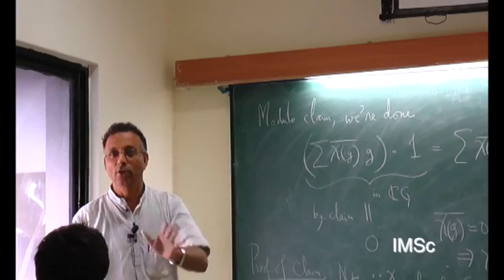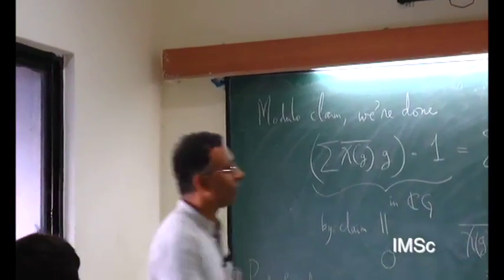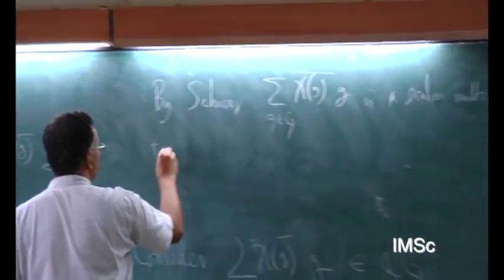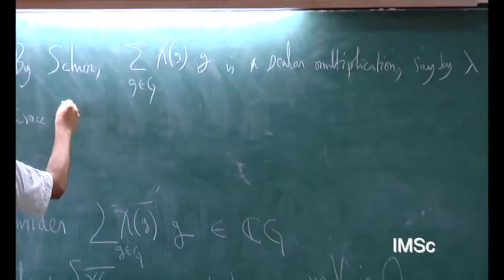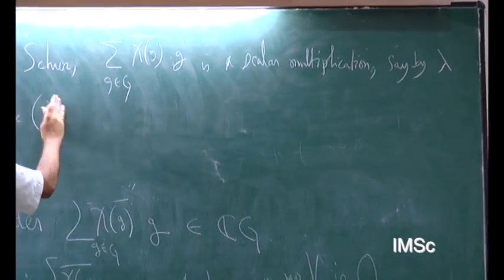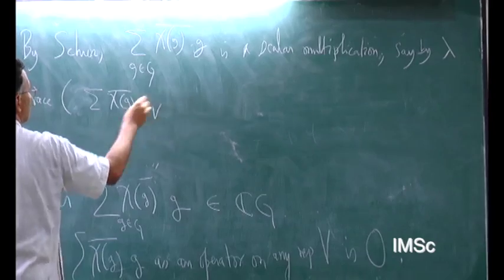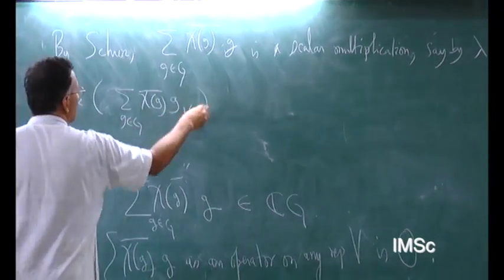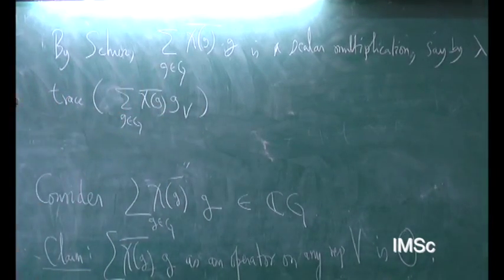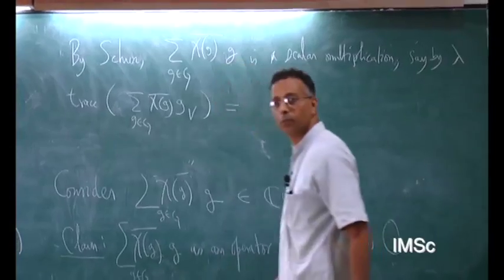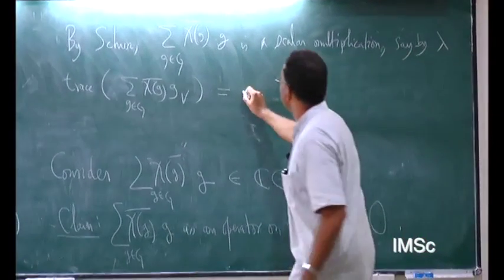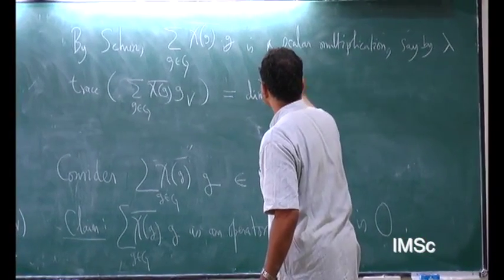Suppose I take the trace of that linear transformation. Since it's scalar multiplication, what is it? This is equal to the dimension of V times lambda.